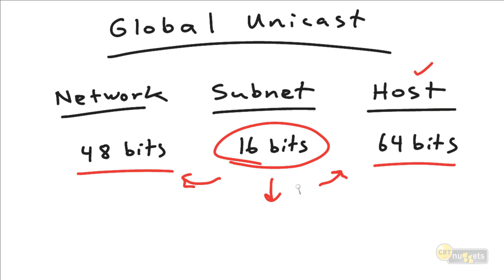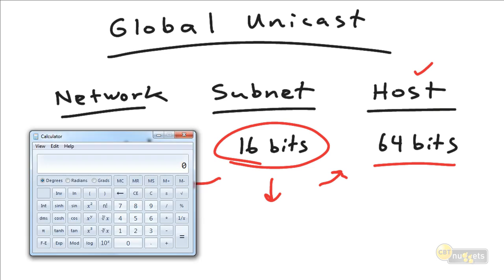So if you get one of these global unicast addresses from the Internet Assigned Numbers Authority, you're probably wondering, how many subnets could I create with this one address space? Well, I think I'm going to need the scientific calculator for this one. So let's see. We have 2 raised to the 16th power. Oh my goodness.